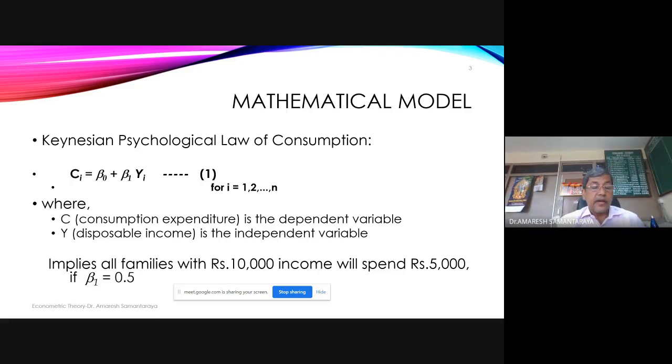Sorry, YI is household income. CI is consumption expenditure. I stands for a particular household. So these households may differ in many other aspects. These households may have different family size. One household can have 2 members, another household can have 5 members.